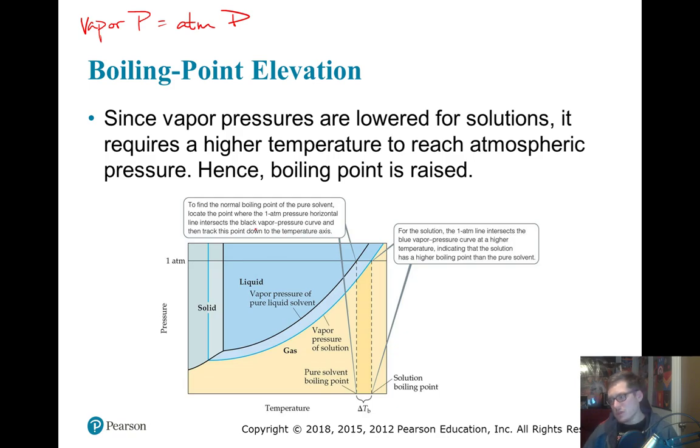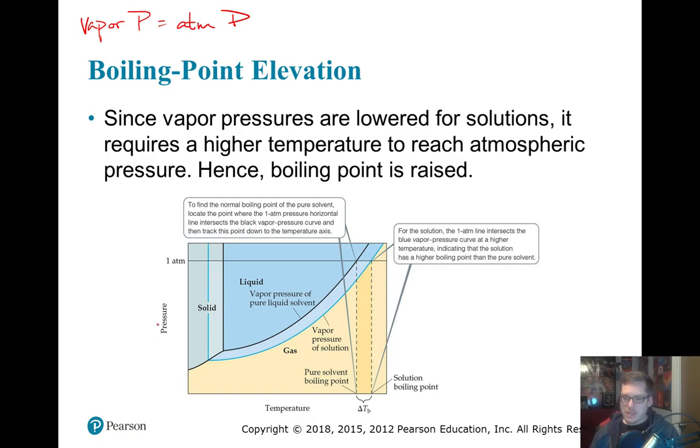If you're sitting here in Kansas and you're boiling water, it boils at probably like 99 and change degrees Celsius. If you add salt to it, it'll raise that boiling point. It might boil at like 100 or 100 and change. Because it's at a higher temperature, it's getting more energy to those noodles, and then the noodles will cook. So it'll require higher temperature.